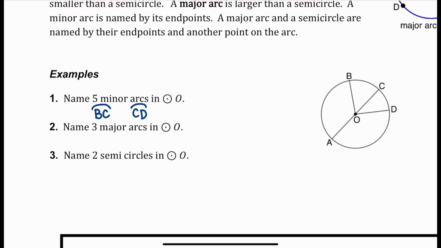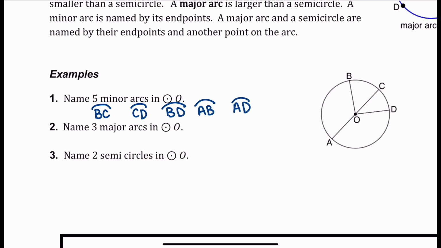We could combine those two and have BD be a minor arc. We could go from A to B for a minor arc. We could also go from A to D for a minor arc. Could say DA as well.